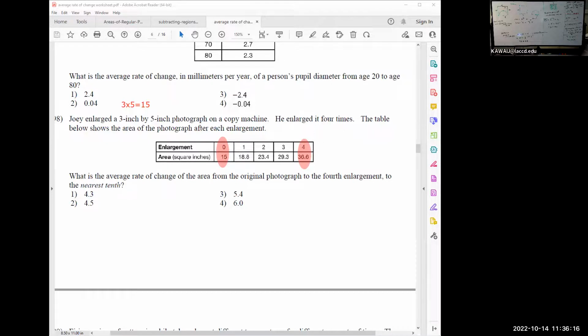So usually when you have a table that is horizontal, X is on top and Y is on the bottom.